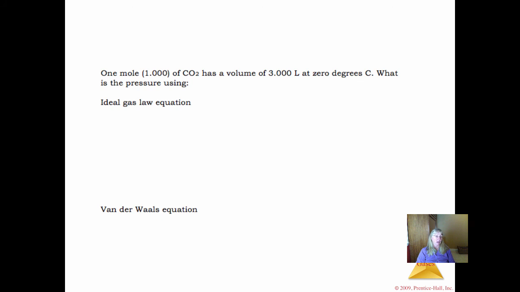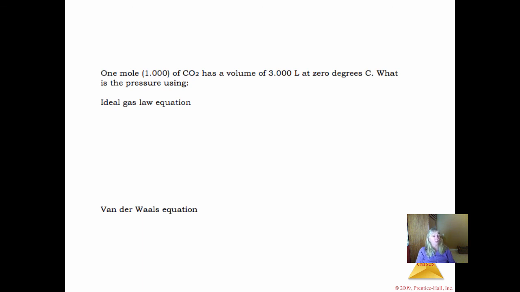Notice that on the ideal gas equation, you're going to be using your PV = nRT, and there will be an answer I'll be looking for as you come through the door in atmospheres. And then I'd like you to take the van der Waals equation as shown on the previous slide and plug in the same values and calculate what that pressure would be if it was operating under the assumption that it's not an ideal gas. And essentially that's it.